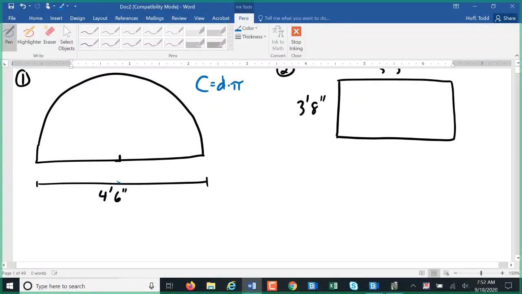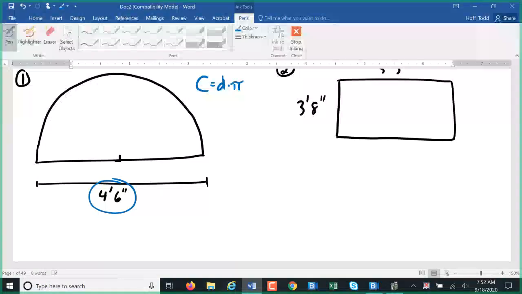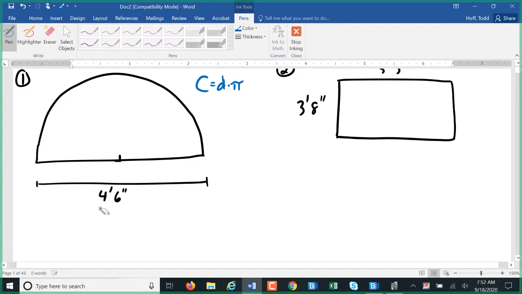However, it's a decimal scalar number. It's not a whole number. So multiplying a dual unit like 4 feet 6 inches by that would be really tricky to do. It could be done, but it's just not going to be pleasant.